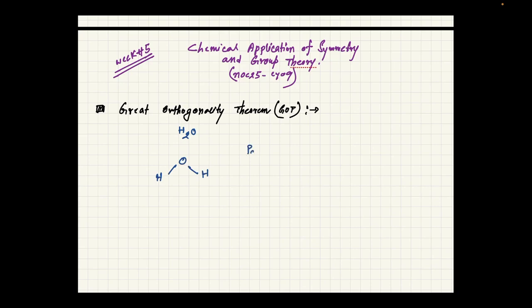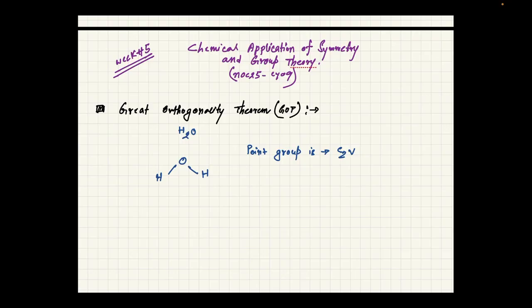The point group is C2v, right? C2v means it has a principal axis of rotation, which is along Z. Let's consider this is Z, this is X, and this is Y. So along this Z axis there is a principal axis of rotation C2. Then it has two sigma v's, sigma v xz and sigma v yz.